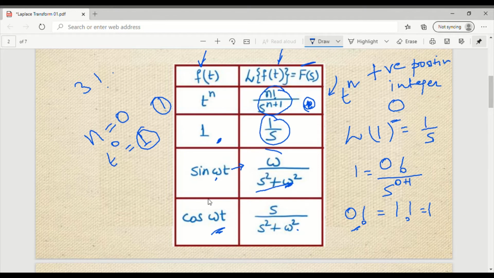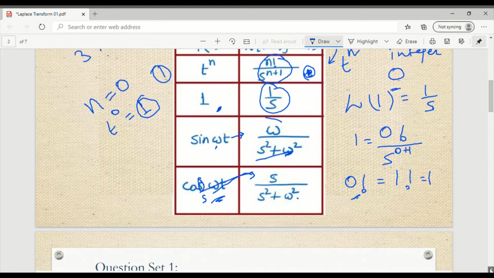I have seen many students get confused about whether for the sine transformation they have to write s or omega, so be careful with that. For cos, s is on the numerator. For sin(omega t), omega is on the numerator.